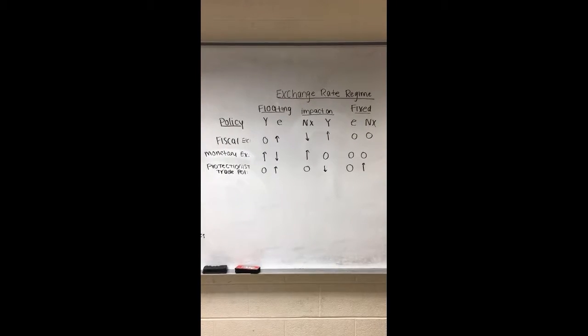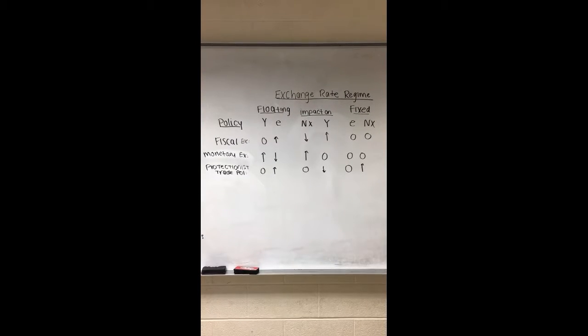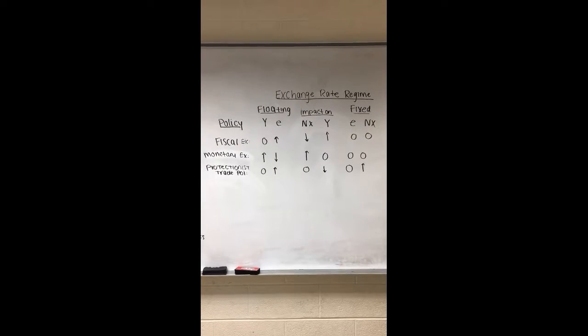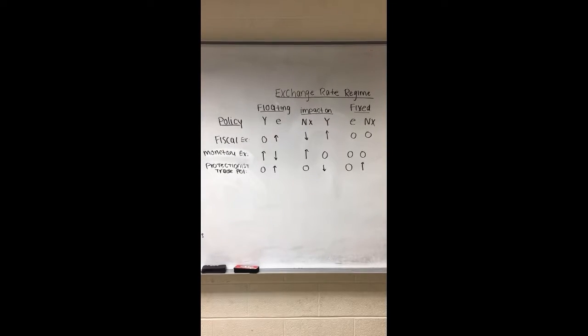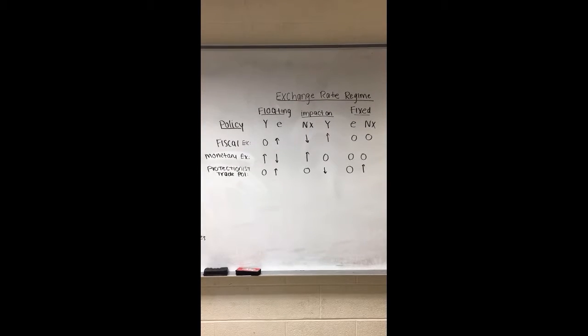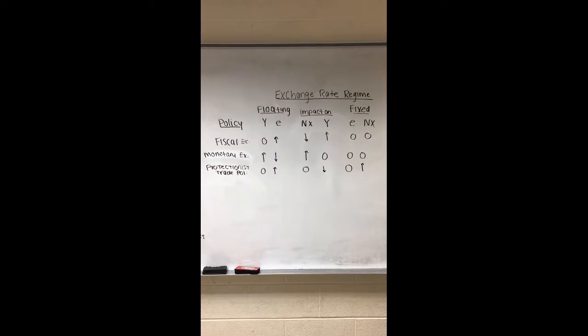In protectionist trade policies, exchange rates increase. However, in a fixed exchange rate system, net exports are zero in both fiscal expansion and monetary expansion, but in protectionist trade policies, net exports increase.